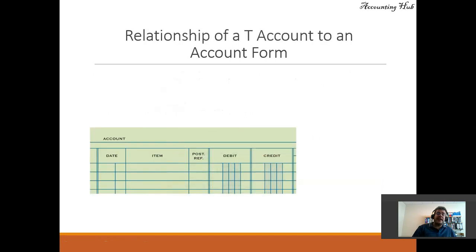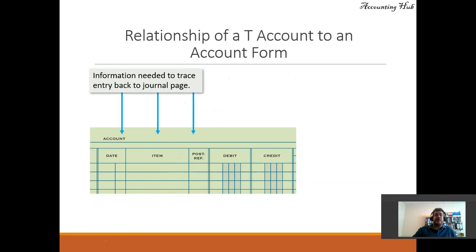So what is the relationship between a T account and an account form? First, the account information is needed to trace an entry back to the journal page. T account, debit side or credit side. It is a copy and paste, in a more complete way with much more information, of our T accounts.